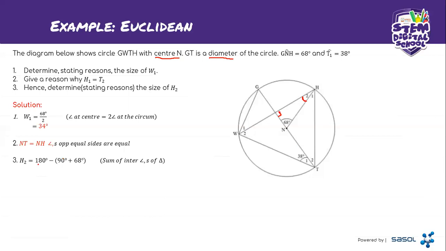Hence we say 180 minus the two angles, then our angle H2 there is 22 degrees. So that was that for this question. And we can proceed and see what we can have next.